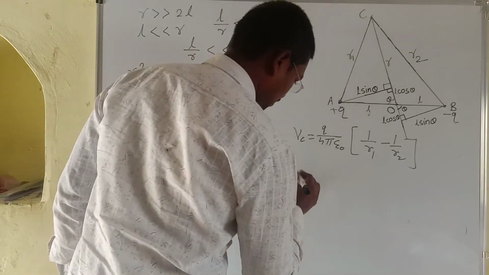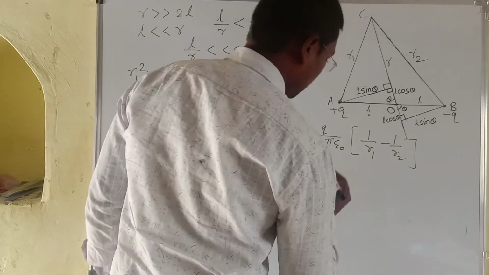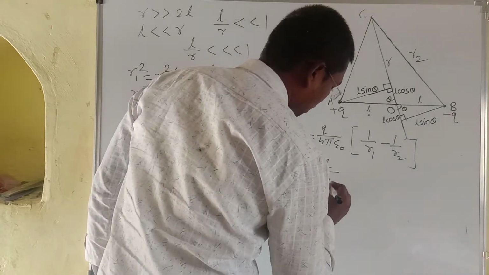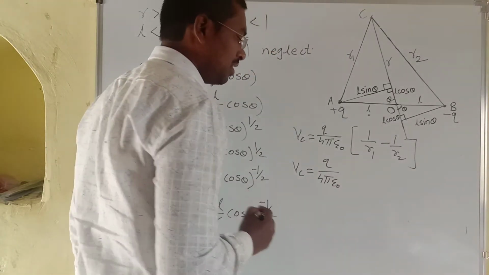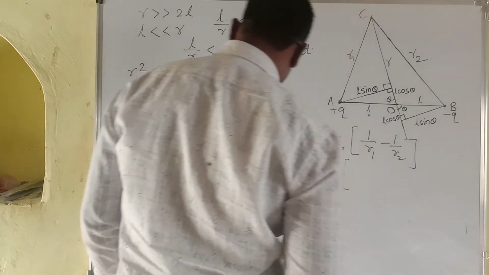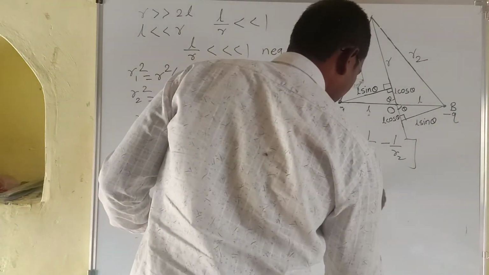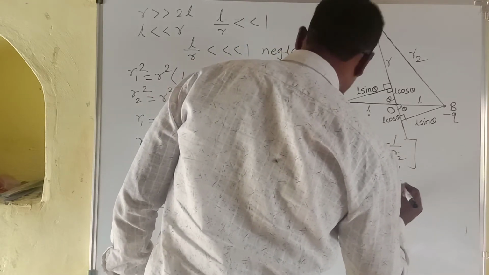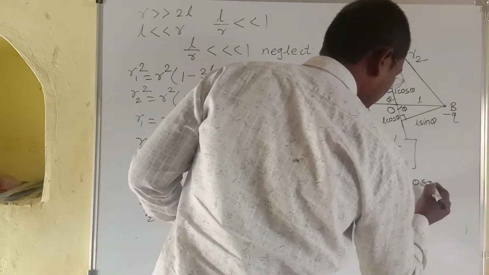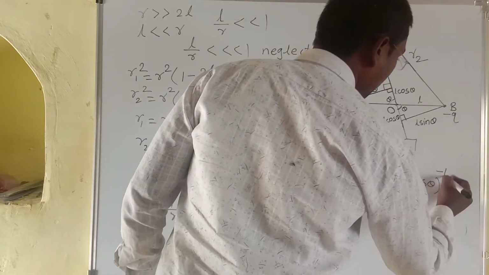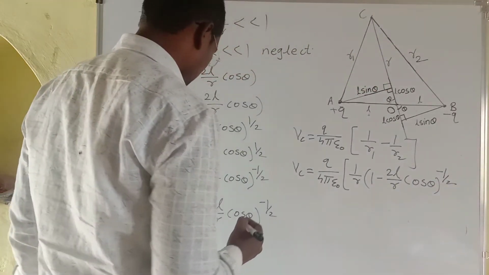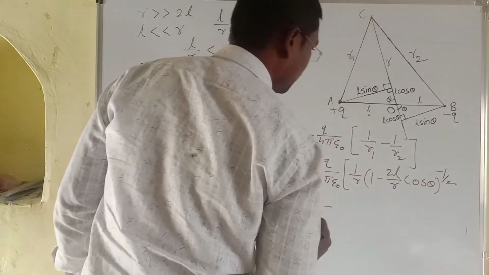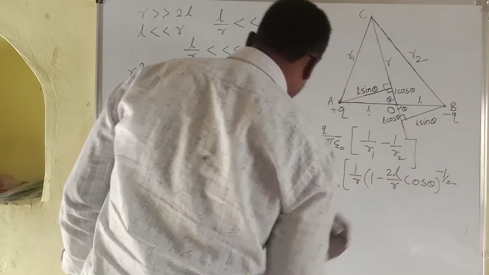Therefore, Vc is equal to Q upon 4 pi epsilon naught, which is a constant term, and inside we can write 1 upon R into bracket 1 minus 2L upon R into cos theta bracket raised to minus 1/2, minus the 1 upon R2 term.